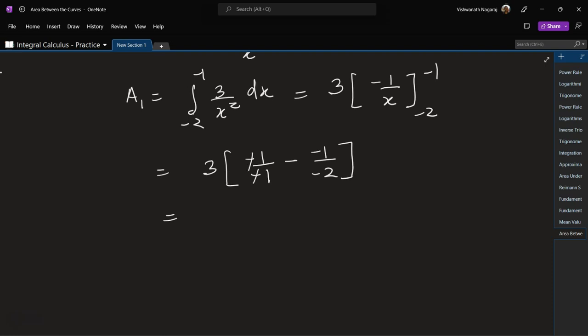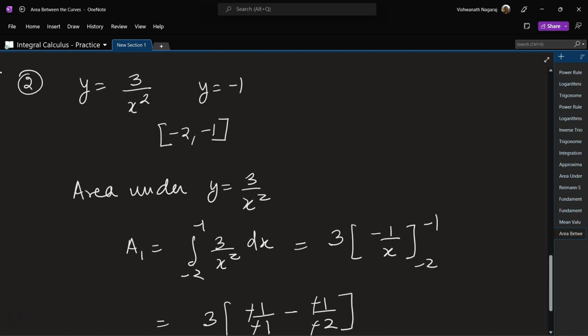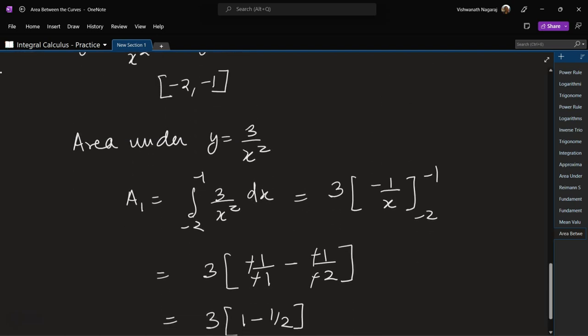So these two cancel out, these two cancel out. So we have 1 minus half, which gives us 3 times half, which is 3 by 2. That was our area under 3 by x square.